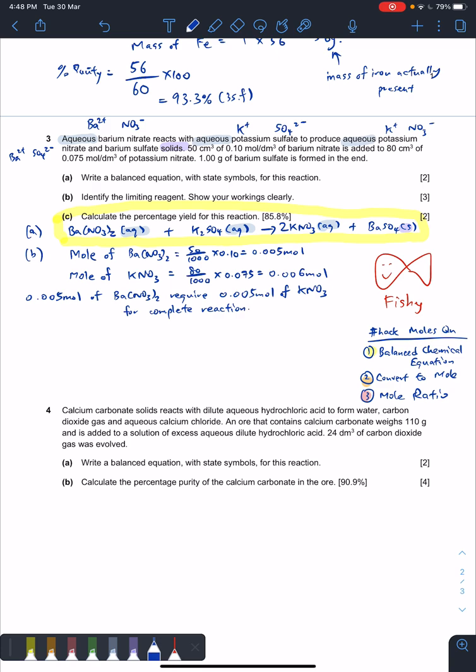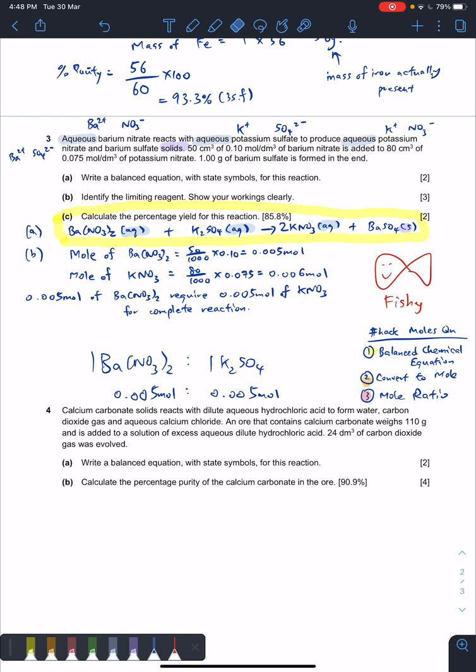You might be wondering, how do I know that? Because from the equation, I see that 1 barium nitrate is to 1 K2SO4. So if this is 0.005 mole, this is also 0.005 mole.